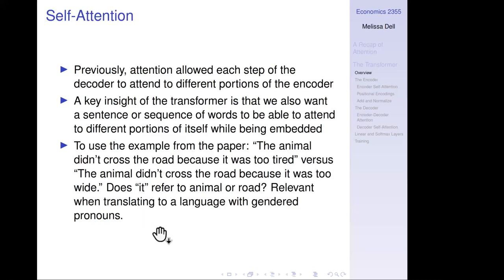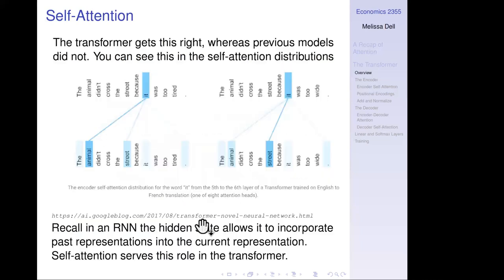The transformer is able to do a much better job of this through self-attention when it embeds the word "it" to start with. The encoder is going to be able to attend to what part of the sentence it should be looking at to decide how to embed that.